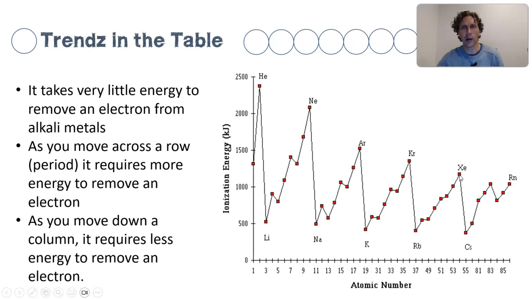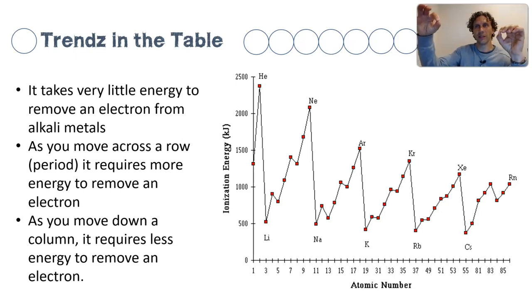Think of this. Where is the outermost electron for a helium atom? It's actually very close to the nucleus. Think of a Bohr model diagram of a nucleus of a helium atom, right? It's right there. Whereas neon, its valence electron is out here, and argon is out here, krypton, xenon, okay?